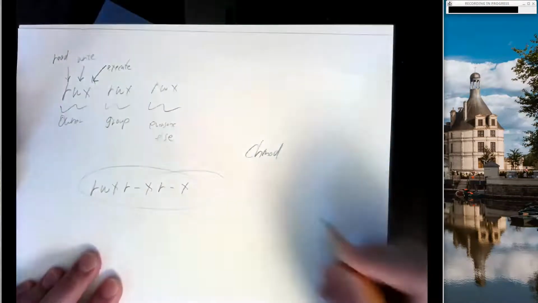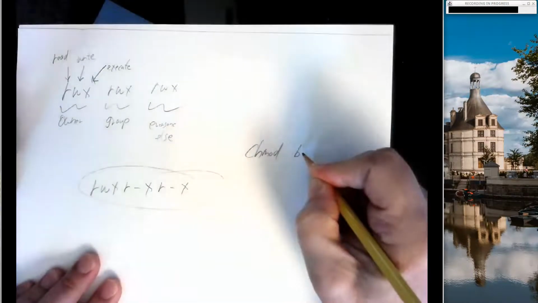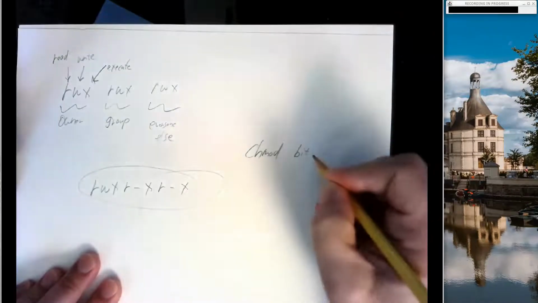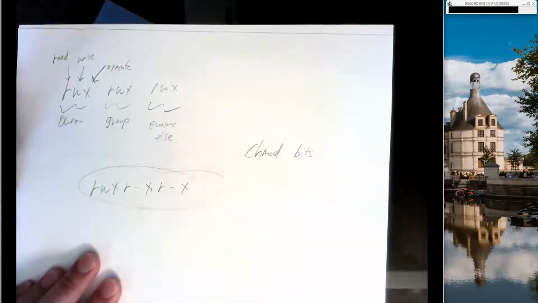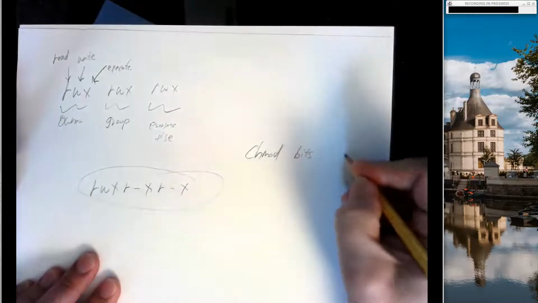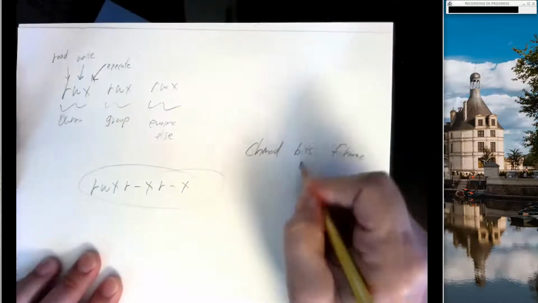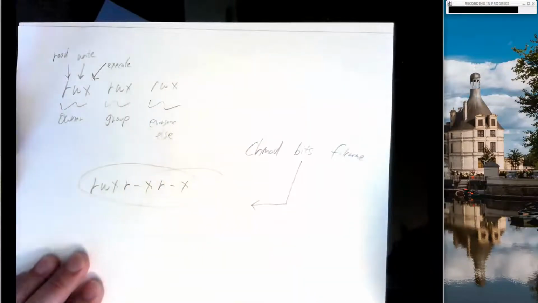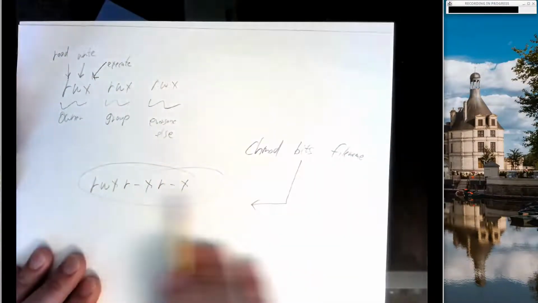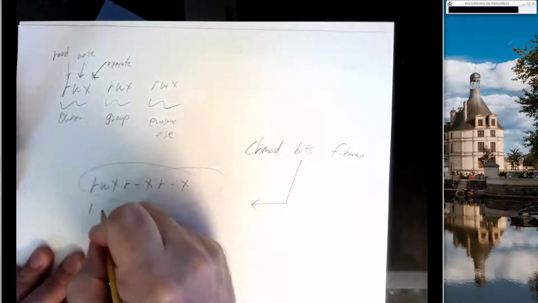And I can say chmod, and I can put in a bit pattern that specifies this, and then I have a file name. So how do I get the bits? Take the pattern that you want. If you want to grant permission, that's a 1.